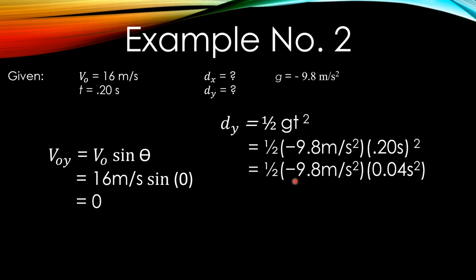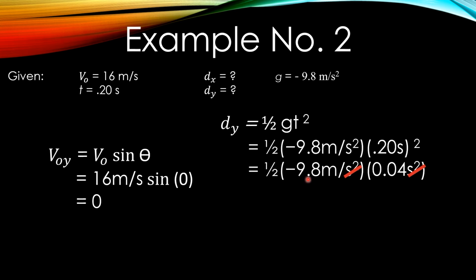Now, negative 9.8 meter per second squared times 0.04 second squared. We have to cancel out the unit of the time, s squared. The remaining unit will be meter, since we are looking for the vertical displacement.